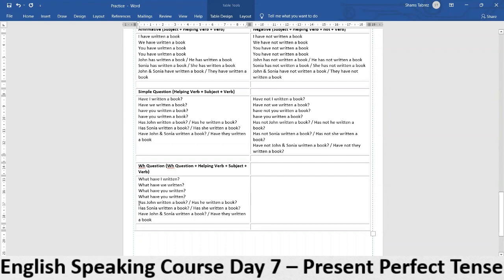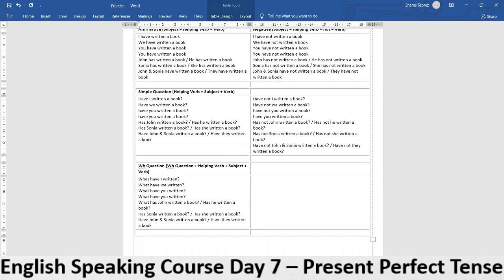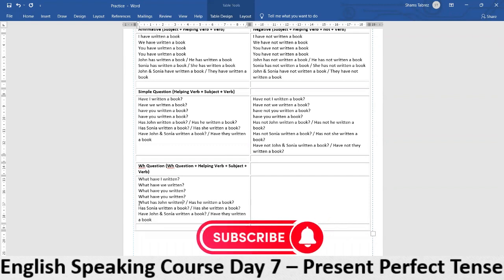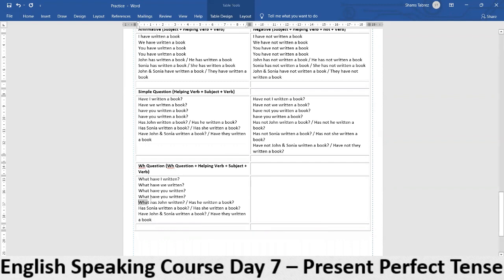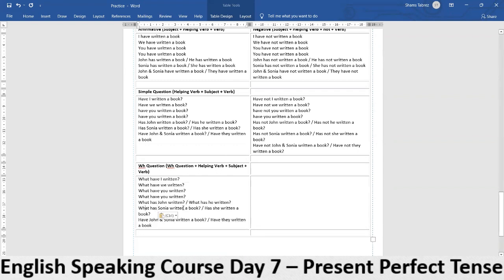Then, what has John written? Similarly, what has he written? Right? And then, what has Sonia written? Because the question is being asked.